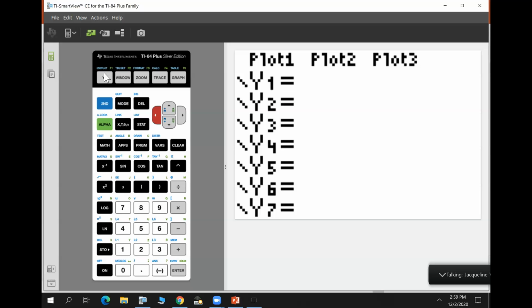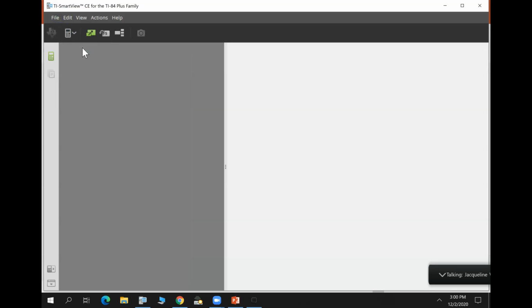So if you just hit alpha and then whichever button you want, it will select that and put it there for you. Okay. So if you don't have the inequalities app, you can still do it that way. And then you can come over here and tell it if you want it to shade above or below. It doesn't do the dotted or solid thing, but it will let you shade above or shade below. Okay? All right. So let me go back to the other one.